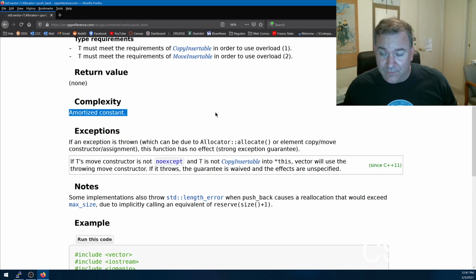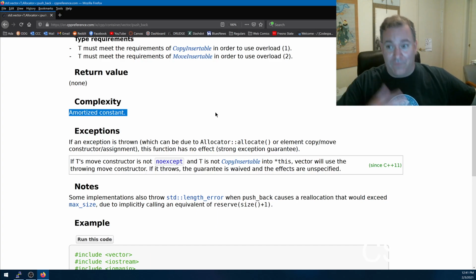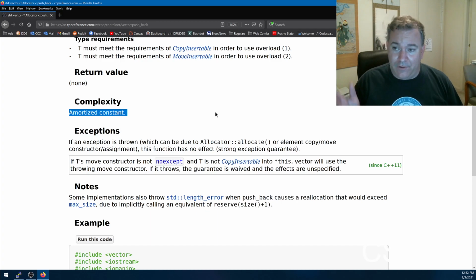The game will pause for about a second, and then it'll be fine for a while, and then it'll pause even longer as it hits 1.2 gigabytes, copies things over, and then pause even worse as it copies 2.4 gigs of memory over, assuming the vector just keeps growing without bounds. And so you want to use reserve if you know in advance how much you're going to need, because that avoids those frame rate hitches and uneven running times.